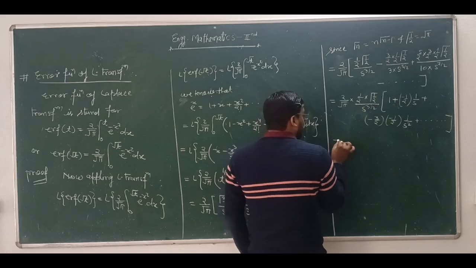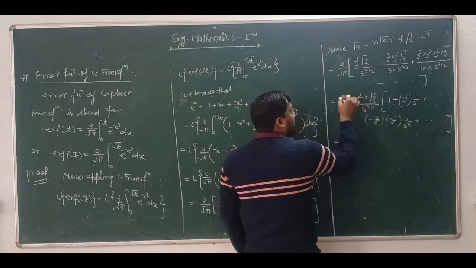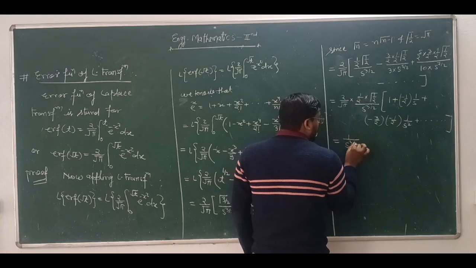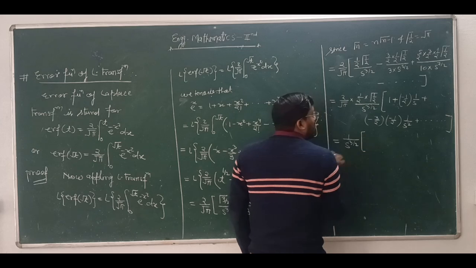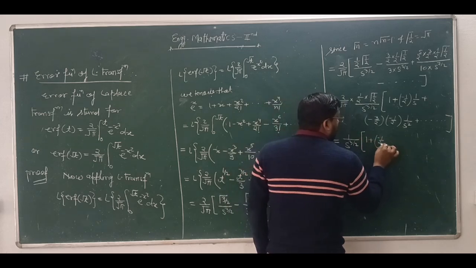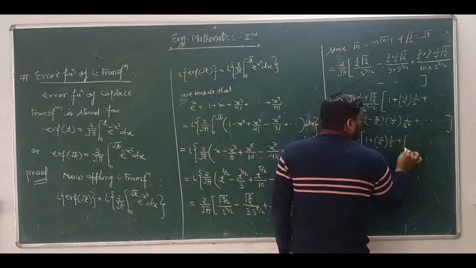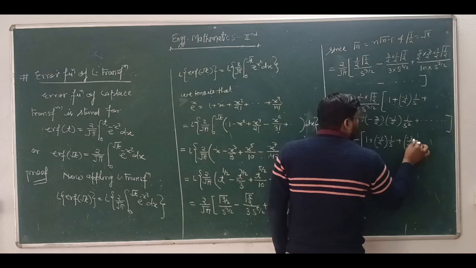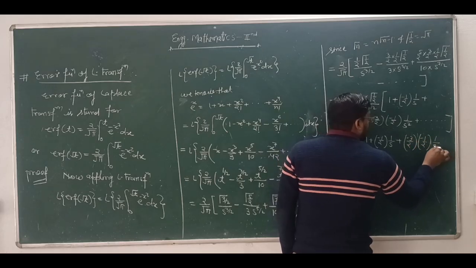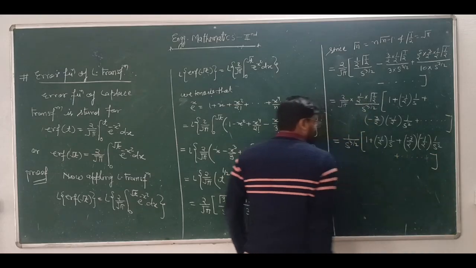Now you can solve this by putting the value of gamma 1 by 2 is equal to root pi. This means cancelable. 1 by 2, 1 by 2 is also cancelable. Now you have remaining s to the power 3 by 2 bracket 1 plus minus 1 by 2 1 by s plus minus 3 by 2 minus 1 by 2 1 by s square plus this.